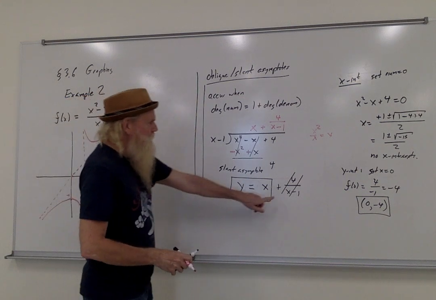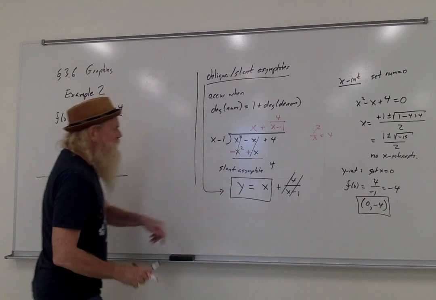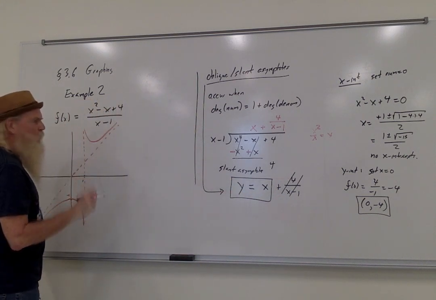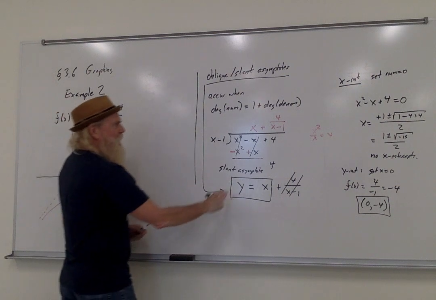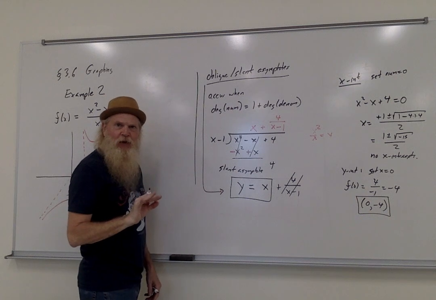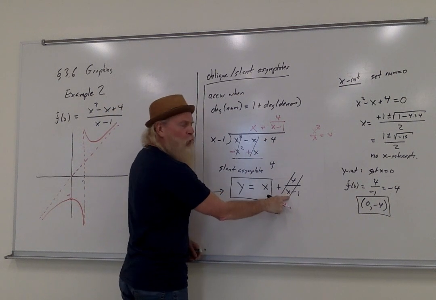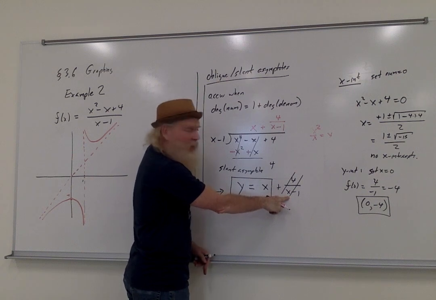Now, about this 4 over x minus 1. If I want the exact y-coordinate for a given x, I could plug it into x plus 4 over x minus 1. That'll give me the exact y-coordinate. However, notice that if x is really large, then 4 over x minus 1 is going to be a really small number.